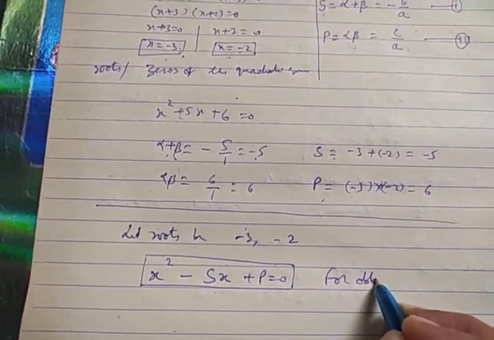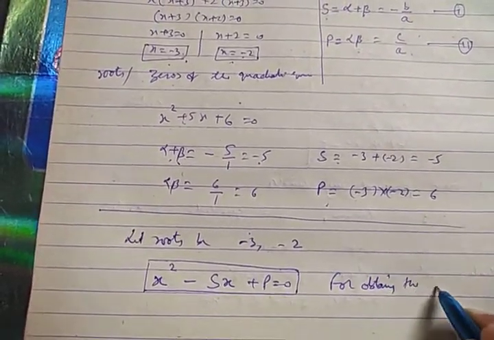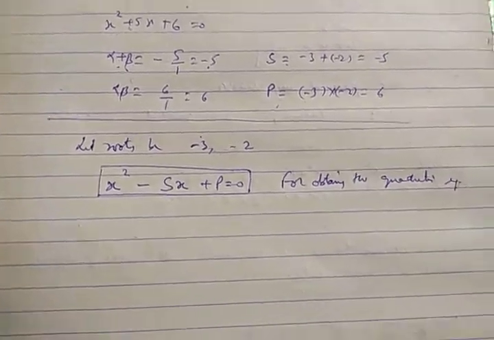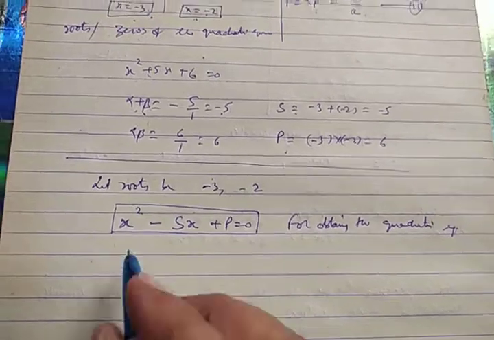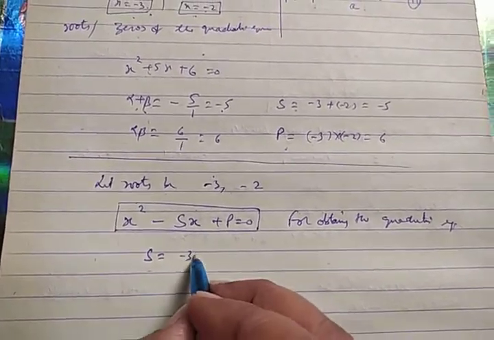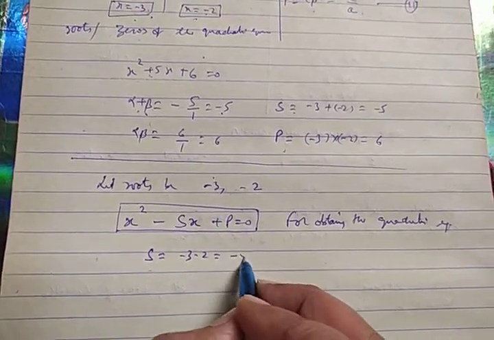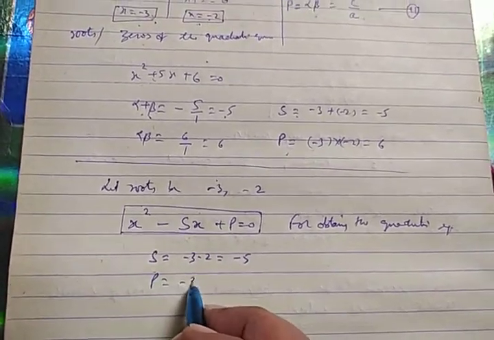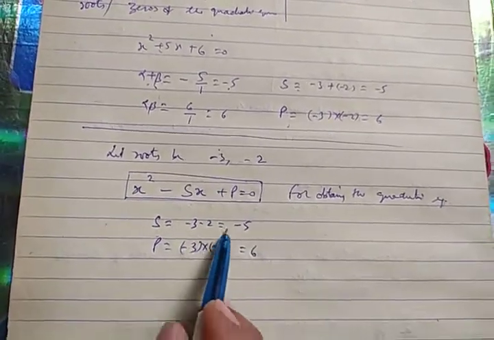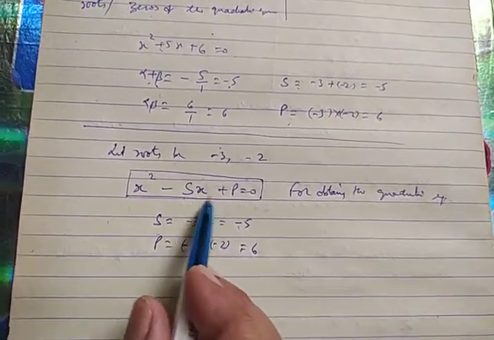How to obtain the quadratic equation? You have to find the sum, means minus 3 minus 2, you will add, that you will get minus 5, and product means minus 3 into minus 2 equal to 6. Now substitute these two values at the required places.